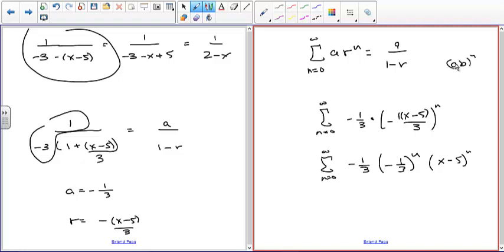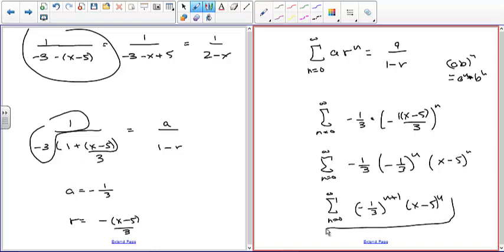It's just like (ab)^n is a^n times b^n. So I've taken this (1/3)^n, put it separately, and if I have (-1/3) to the first power times (-1/3)^n, then the final answer is (-1/3)^(n+1) times (x - 5)^n.